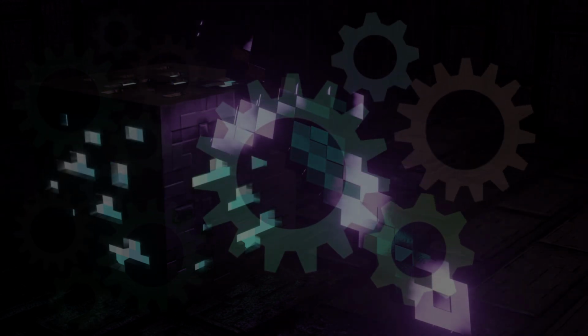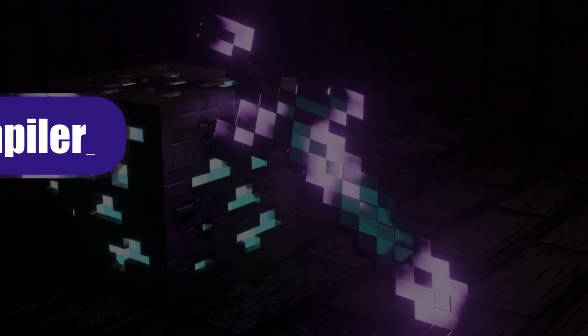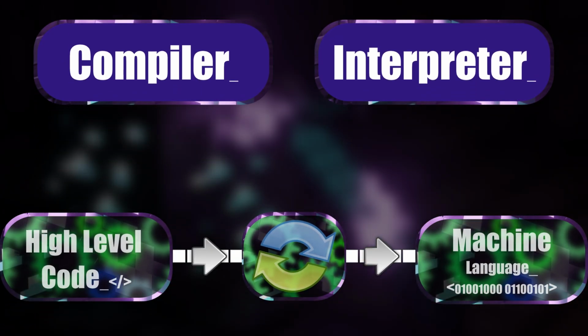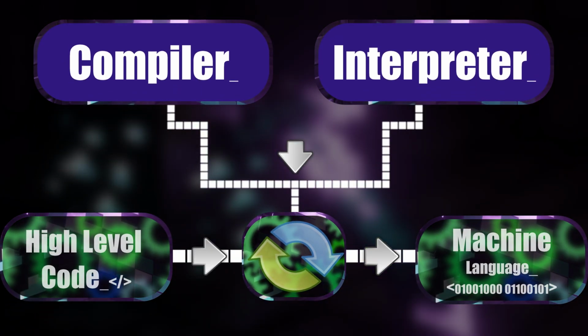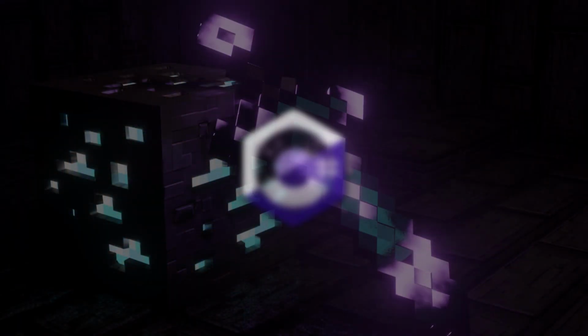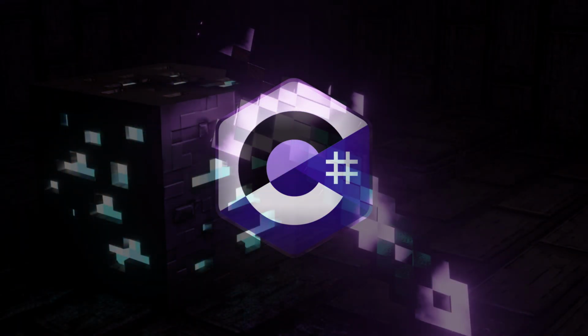So as of now, we use two types of translators, compiler and interpreter. So we write code in a high-level language, and the compiler or interpreter will translate it to machine language, and then the computer will give us some outputs according to the code.